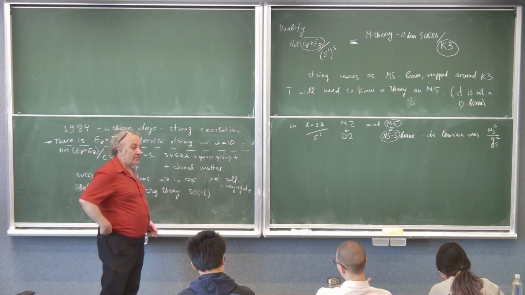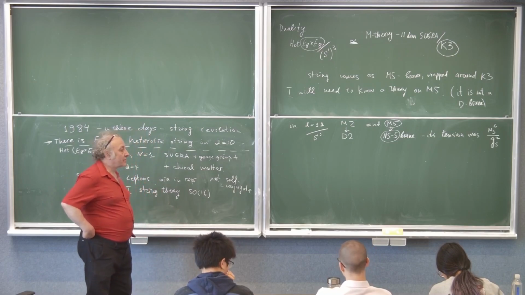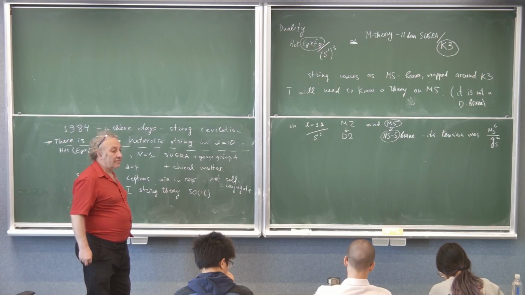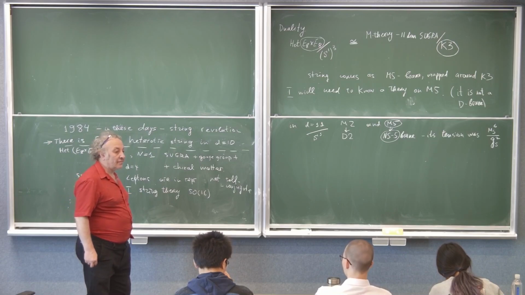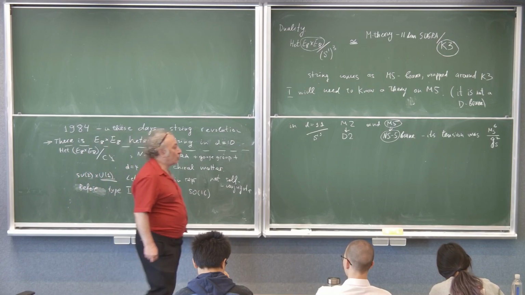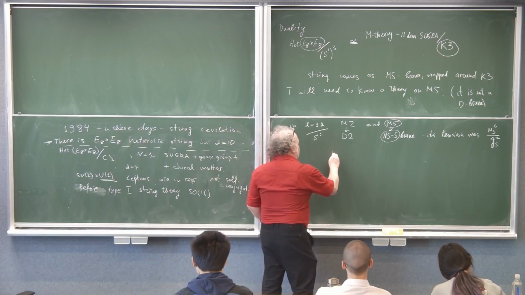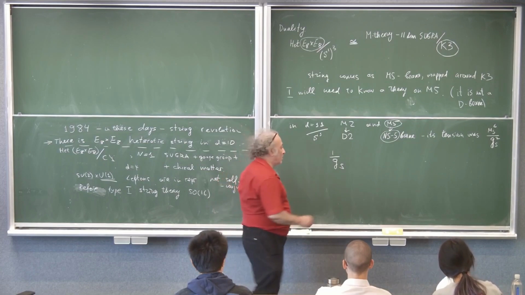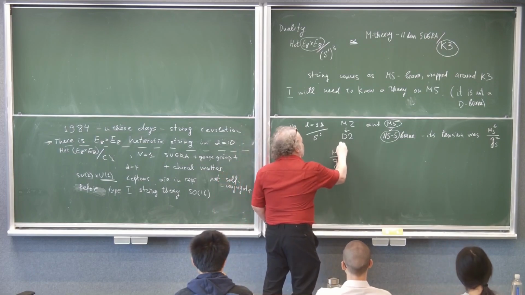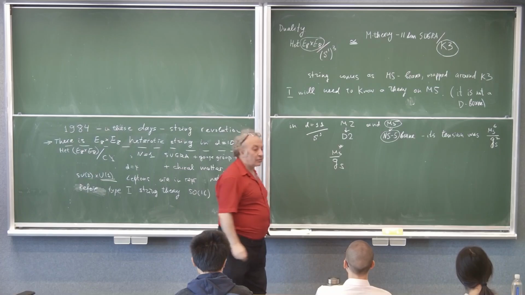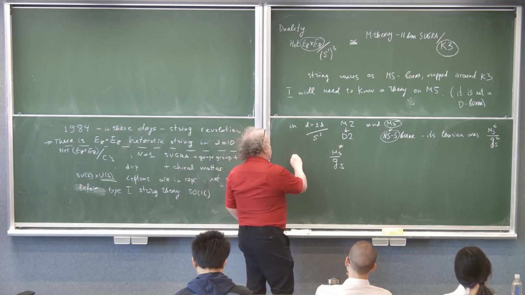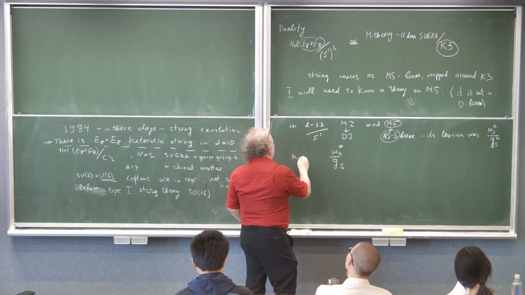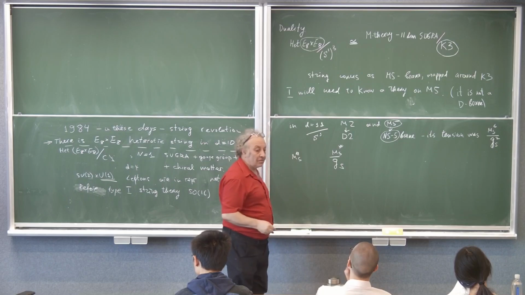How is this evidence for it not being a D-brane? For D-brane tension, it always goes like 1 over g. For a fundamental string, the tension was M_string squared without any g.